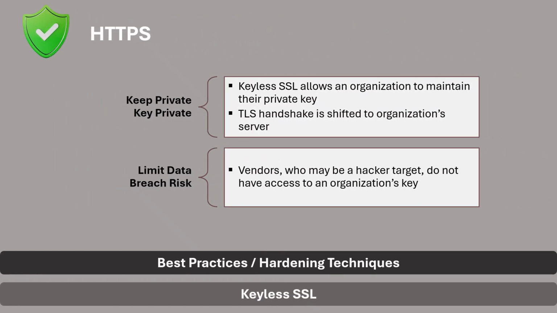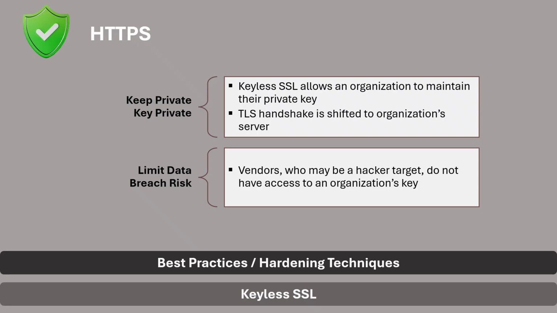As organizations transition to cloud hosting, they typically obtain their private key from their vendor. However, keyless SSL enables organizations to retain control of their private key while still utilizing cloud-based services. Organizations can continue to use the TLS protocol, but can shift the initial TLS handshake to their own server instead of relying on a cloud vendor.